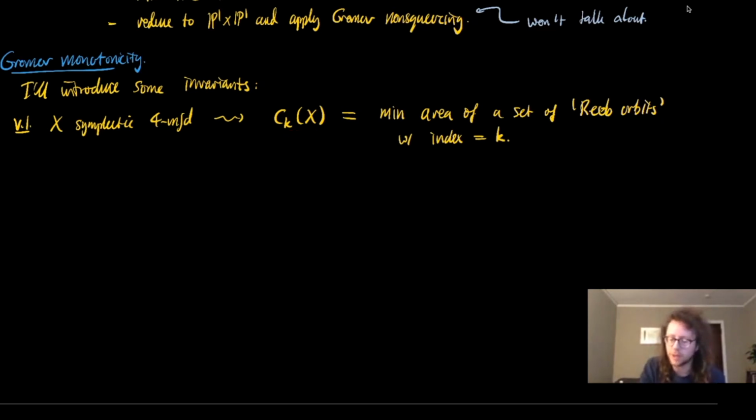The only important thing to keep in mind is that this area is with respect to the symplectic form on X, of a set of certain orbits on a symplectic manifold.